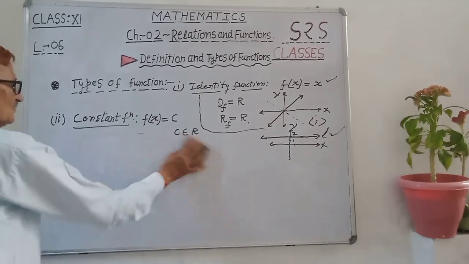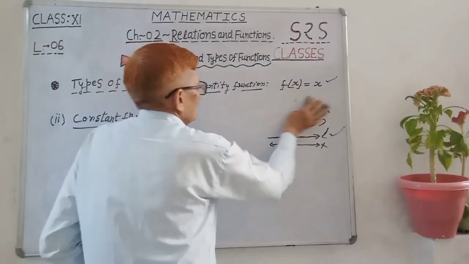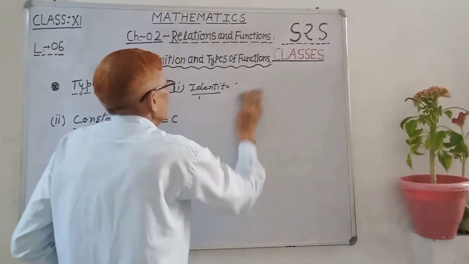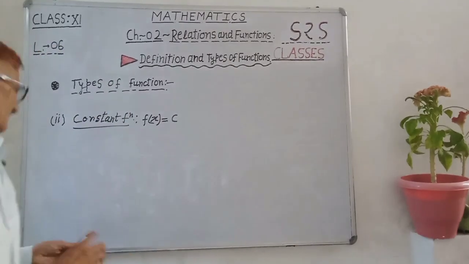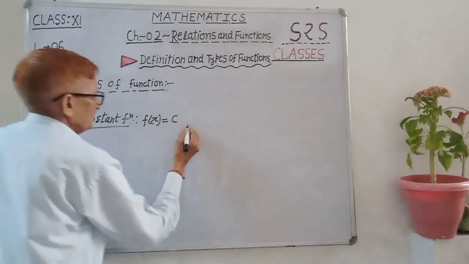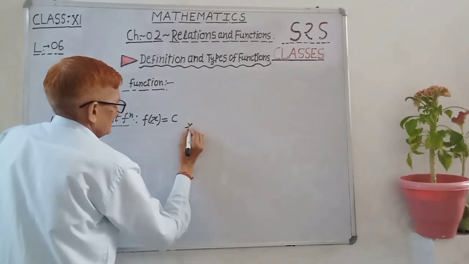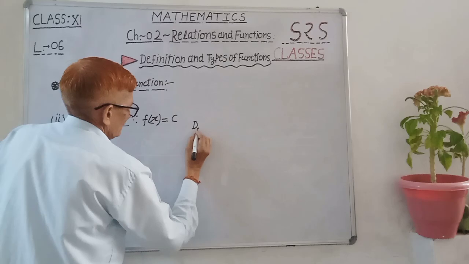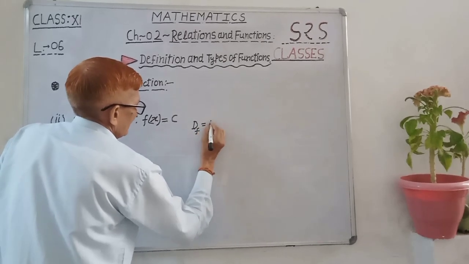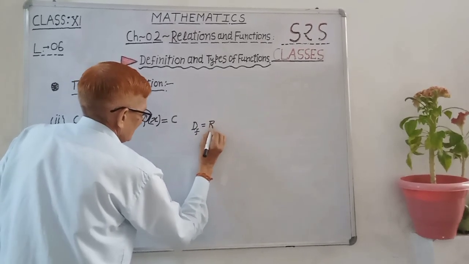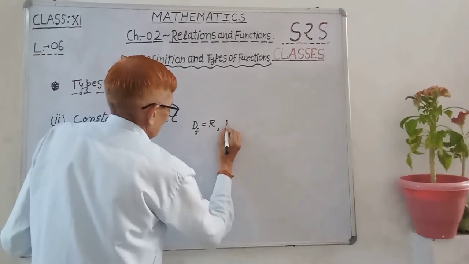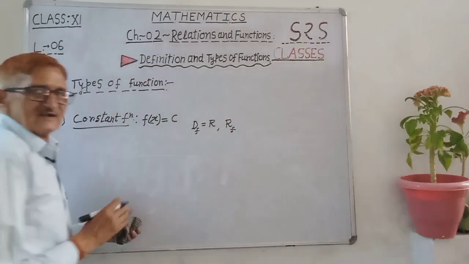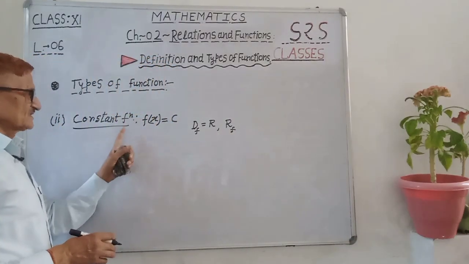Then after that, third: domain and range. What is the domain and range of this constant function? For the domain, any x value you can take. Domain of this function is any real number, and the range of a constant function is fixed.